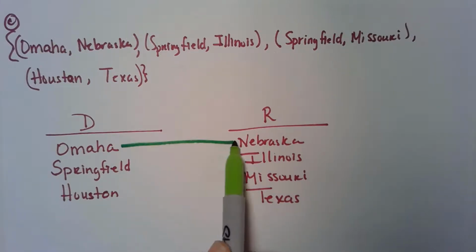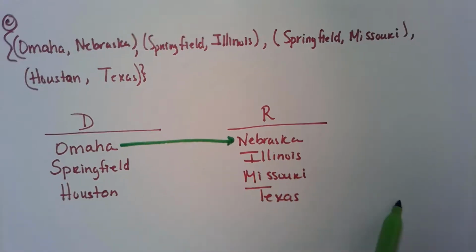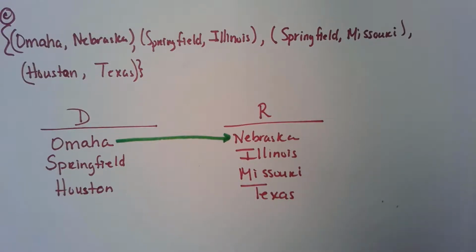Omaha pairs with Nebraska. At this point, we want to determine if this is a function or not. So at this moment right now, it's a function. But Springfield pairs with Illinois and Missouri. Is this a function at this point?